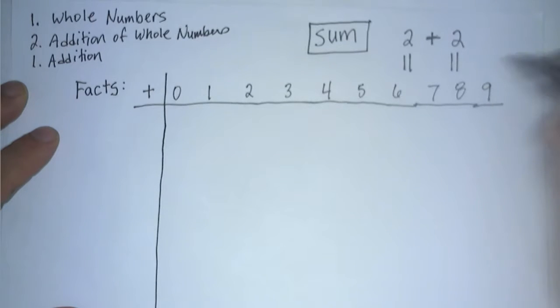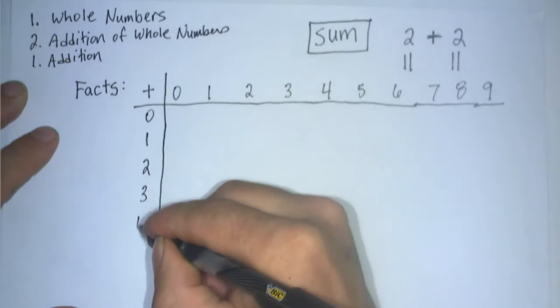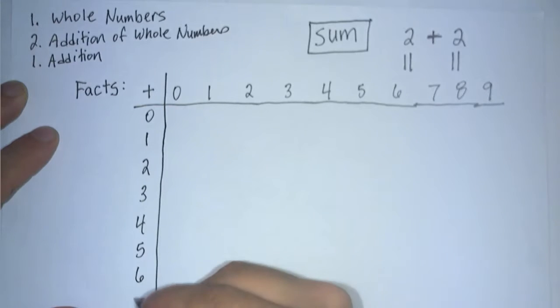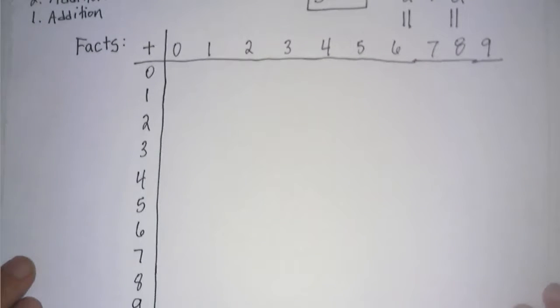And then down we're going to go 0, 1, 2, 3, 4, 5, 6, 7, 8, 9. Now, let me move this up so we can see the entire chart here.